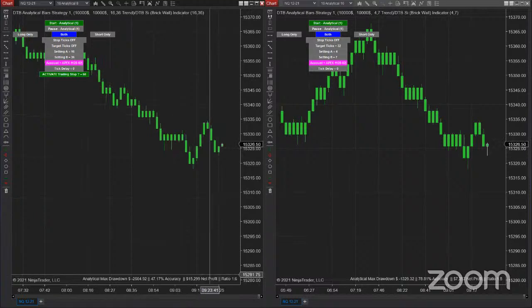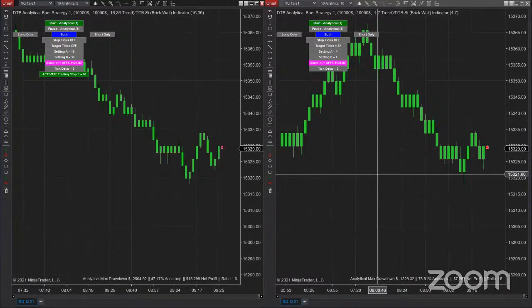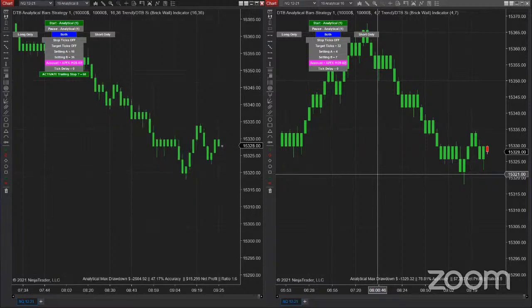It's going to have a similar look to the analytical bars, like the trending and the flat baseline, but there's going to be varying ticks per bar. It'll be quite exciting to see how that's going to perform with these strategies.